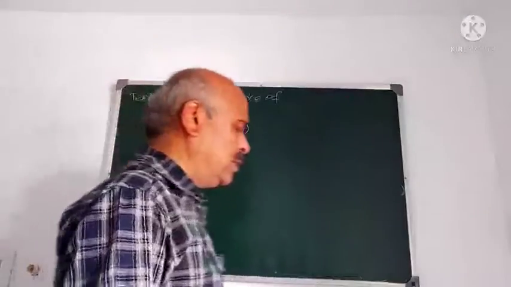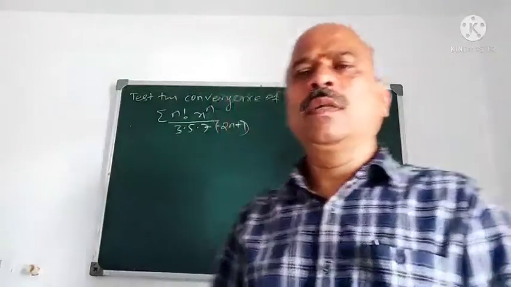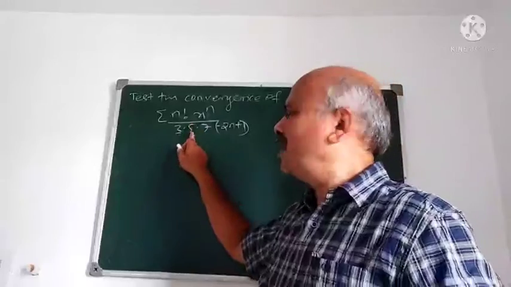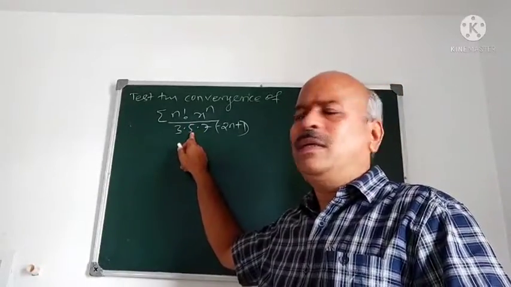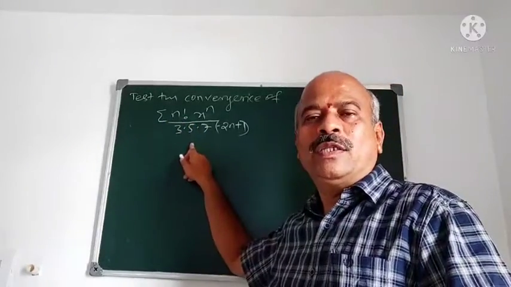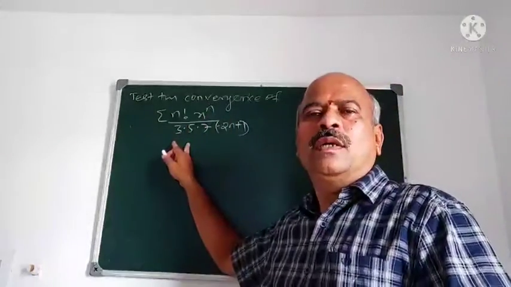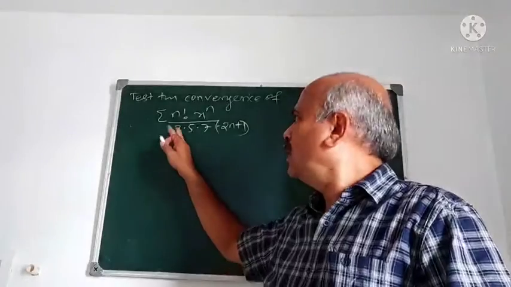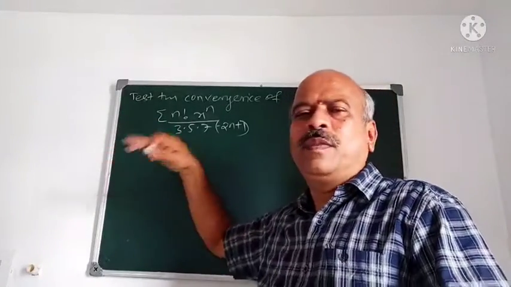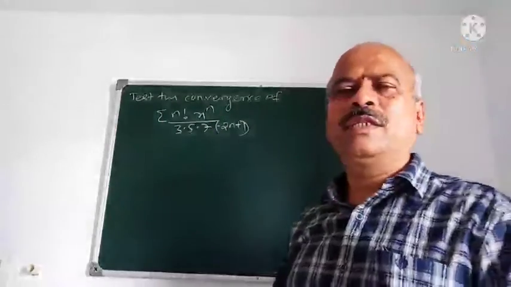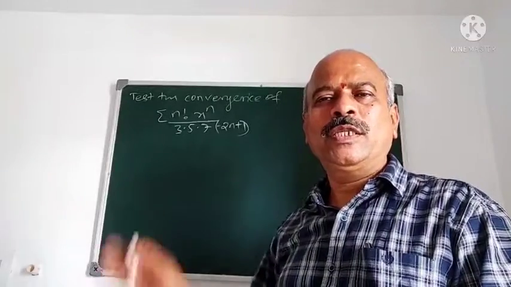This is the given problem. Here the important thing is that un is given, otherwise we have to calculate that one, so that much of our effort is reduced. Un is directly given here.